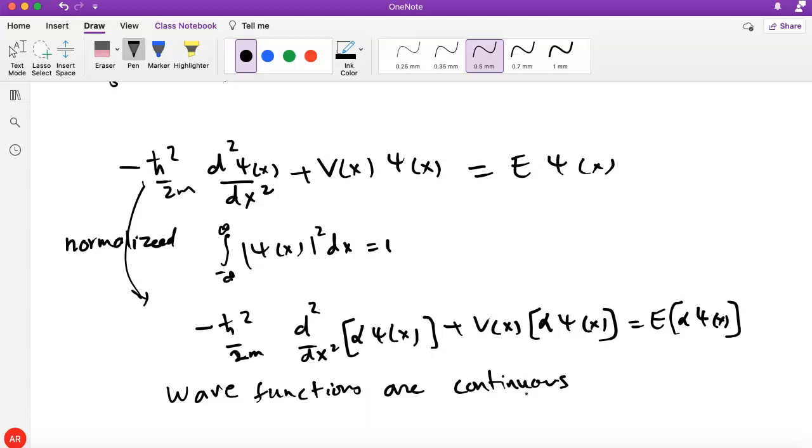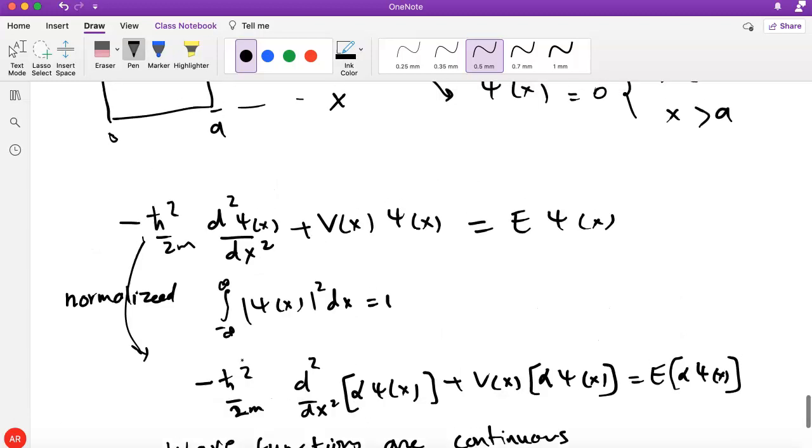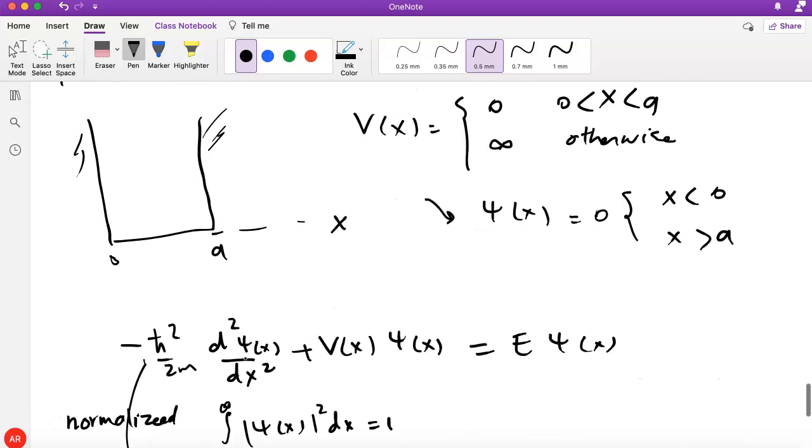If you talk about a tiny region located at x, you can't really talk about the probability if you have a jump in that probability, because then it must be independent of where exactly you put that interval around x. And if you move it a little bit this way or that way, less than the size of the interval, that probability shouldn't change. So that's also a requirement that these wave functions are continuous. There is no jump in the wave function.